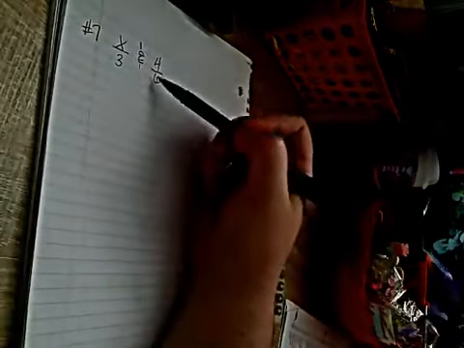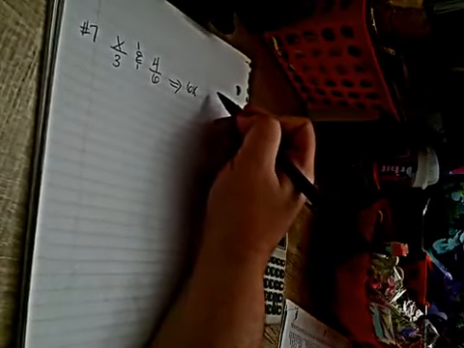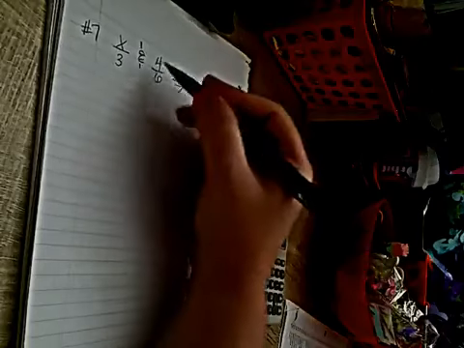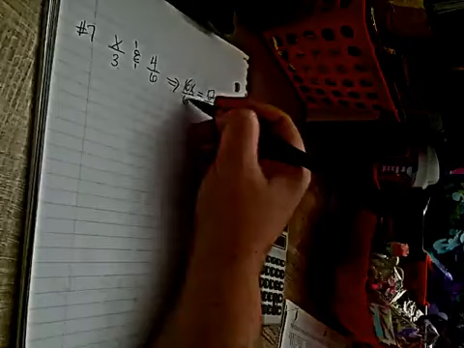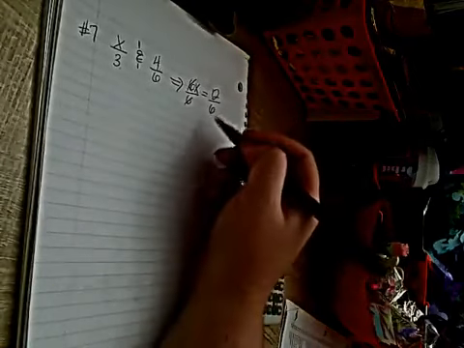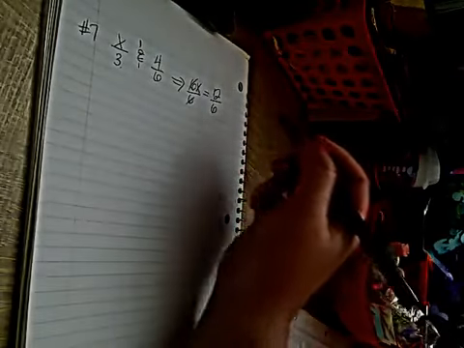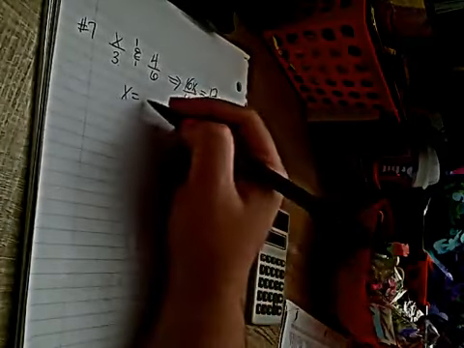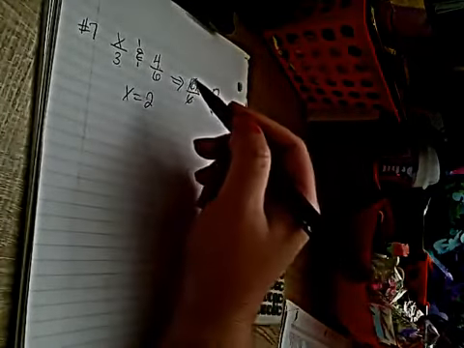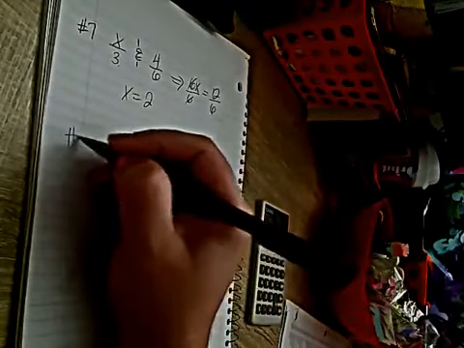In this case, you would get 6x equals 4 times 3, which is 12, and you isolate your x, and you get 2. 6 goes into 12 2 times. Okay, same difference.